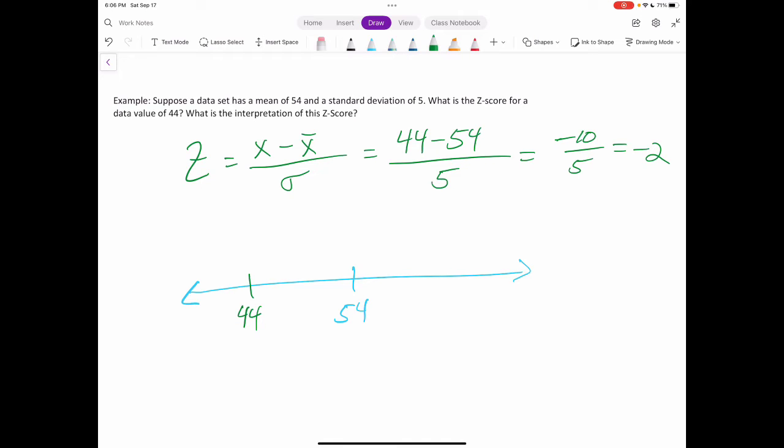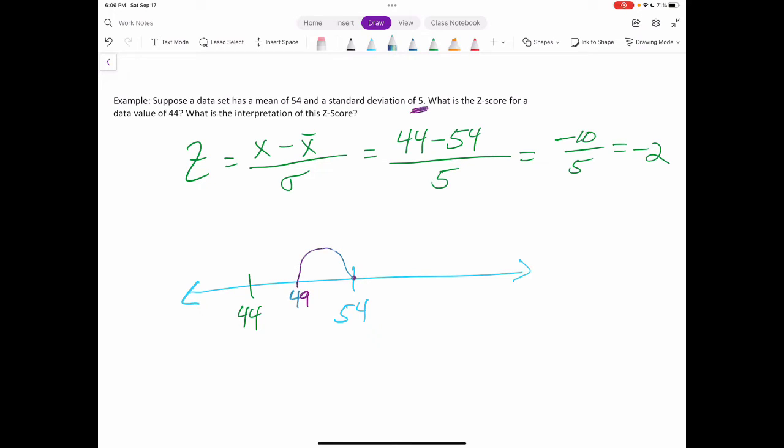So what does a z-score of negative 2 tell me? It tells me that if I start at my mean, first of all, the negative indicates I need to go to the left to get to my data value. Think of it like this. If I take one jump of my standard deviation, remember, we're going in increments of 5 because our standard deviation is 5, one jump to the left goes from 54 minus 5 to 49.